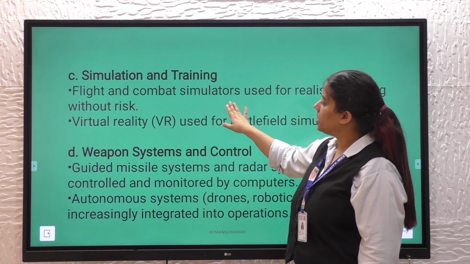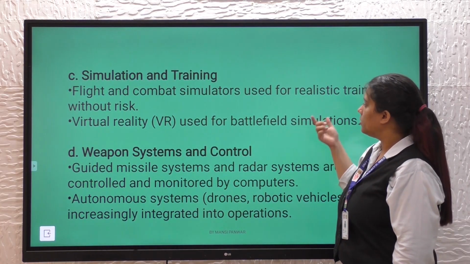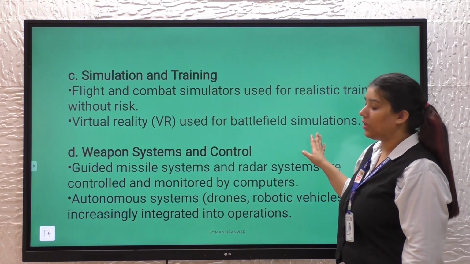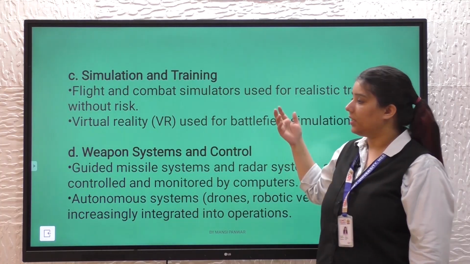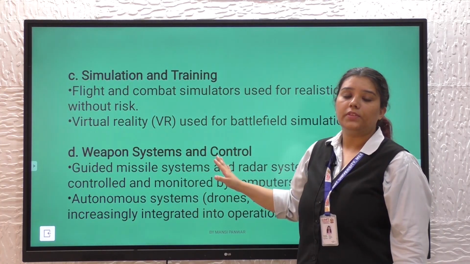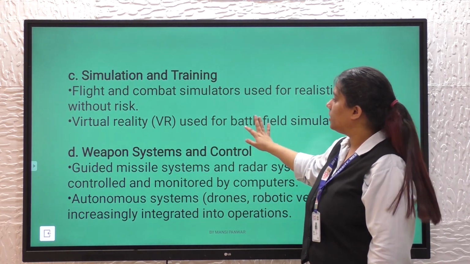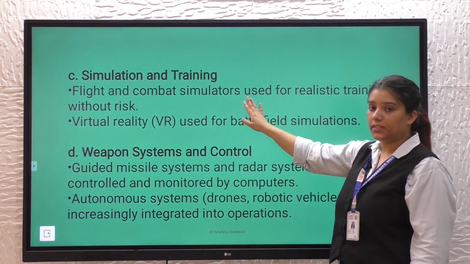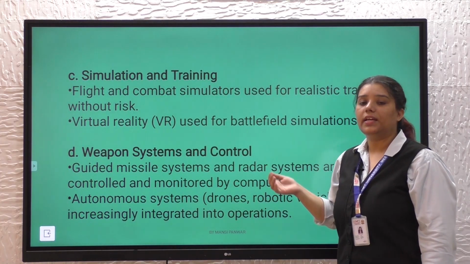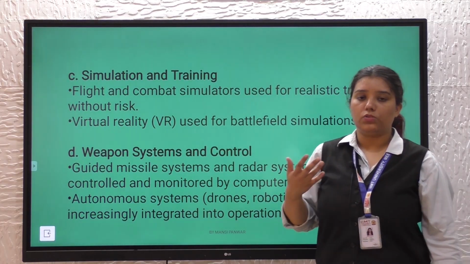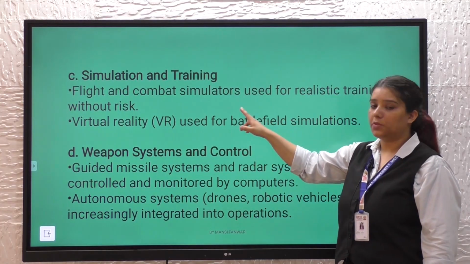Next is simulation and training. Flight and combat simulators are used for realistic training without risk. So if there are army officers who used to train, they can use simulators instead of real experience, because in real experience there can be a loss of life, loss of money and loss of time, which is saved by simulators.